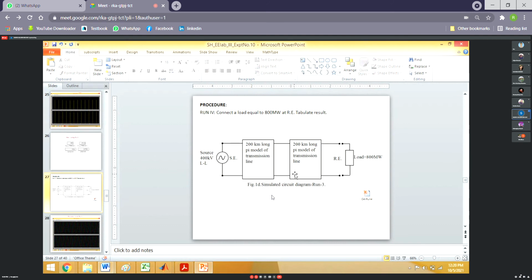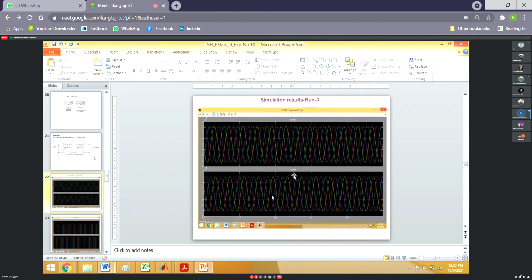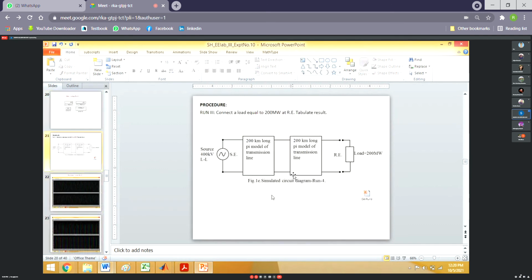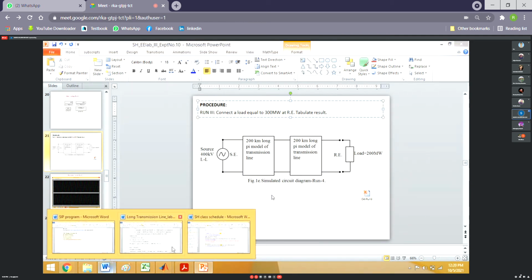So run 3, load will be less than SIL. Actually here I have connected 300 megawatt, not 200, because then we can get the result better, nothing more than that.